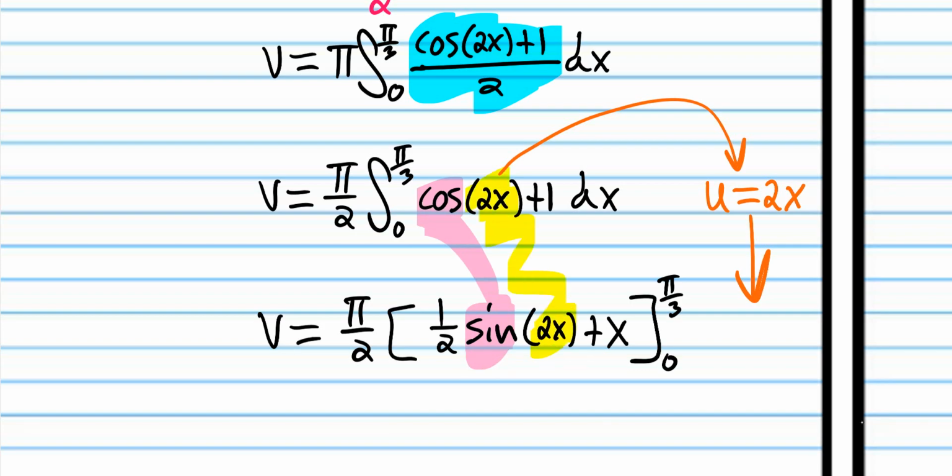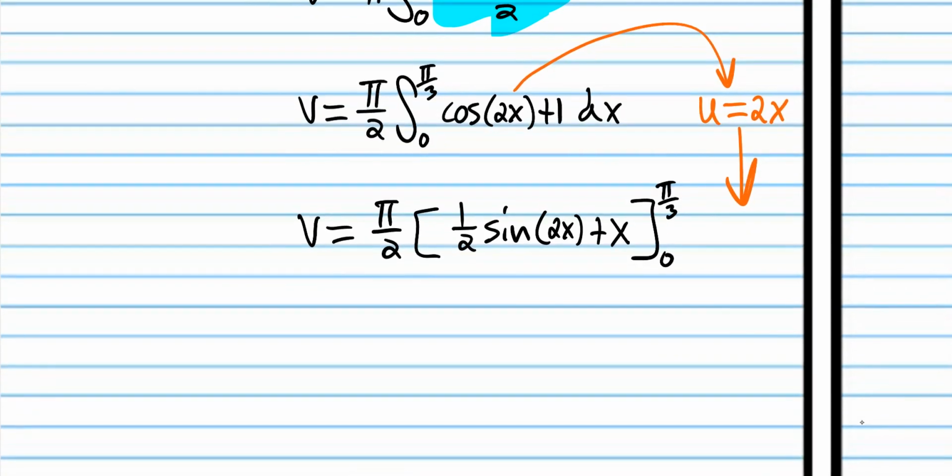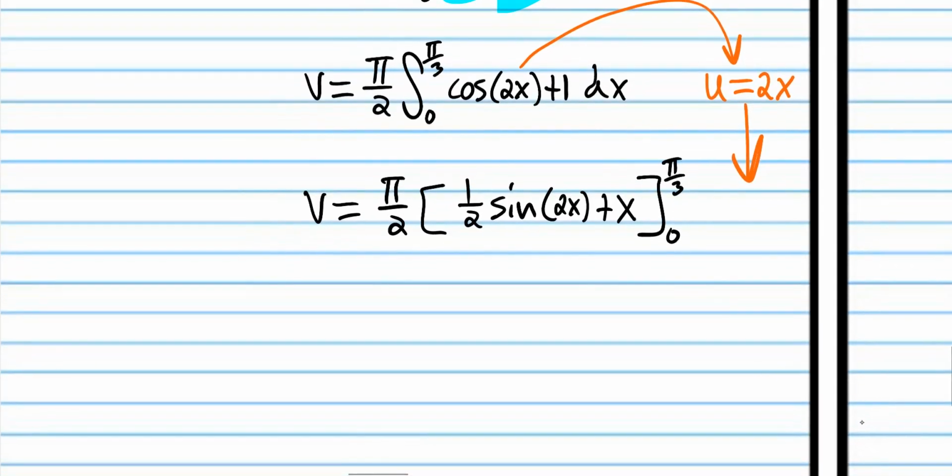We keep the inside function, that's step number 2, and then we multiply by the derivative of the inside function, which is 2x, so the derivative of 2x is 2. So the 2 pops out, multiplies by the 1/2, and makes that 1/2 disappear, so you have nothing here. That's why we know that works. Now again, if that seemed complicated to you, then you can just let 2x equal u and do a u substitution, like we learned in the previous classes.